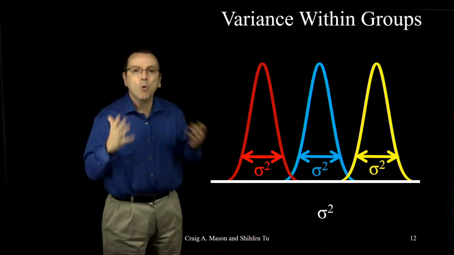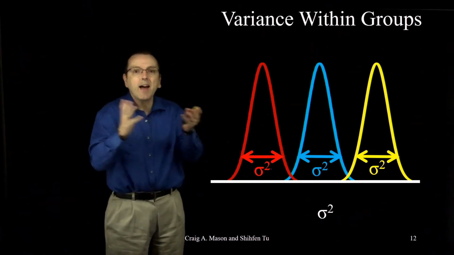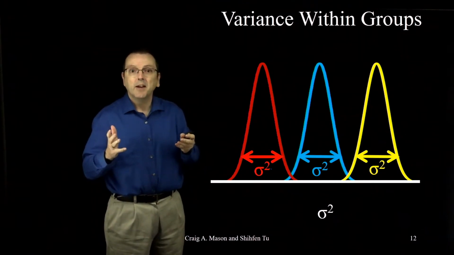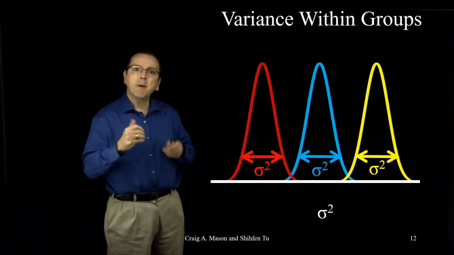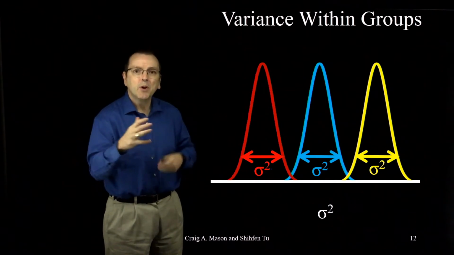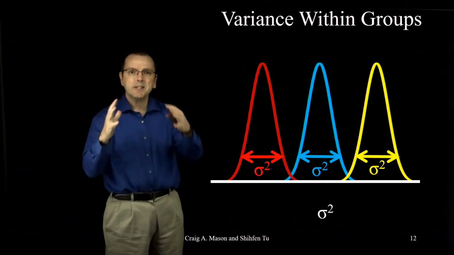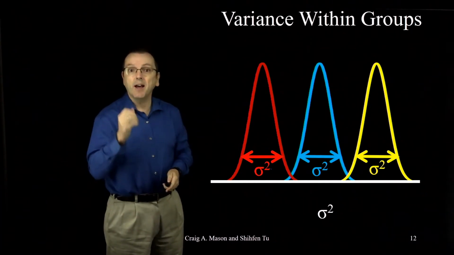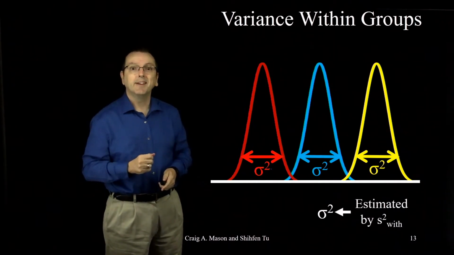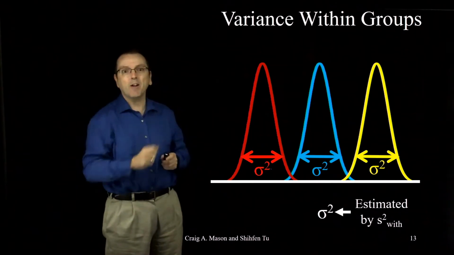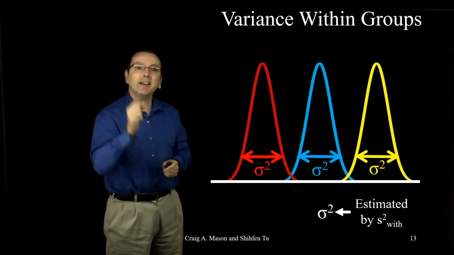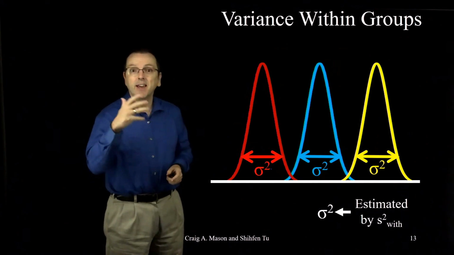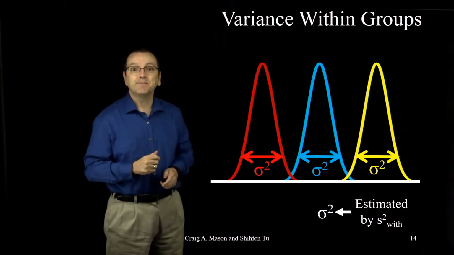Now, of course, each sample will have a slightly different estimate for sigma squared, but because they're all estimating the same value, we can pool them together to get a single better estimate of sigma squared. And that's what our variance within is estimating. It's estimating the true population variance in our populations.